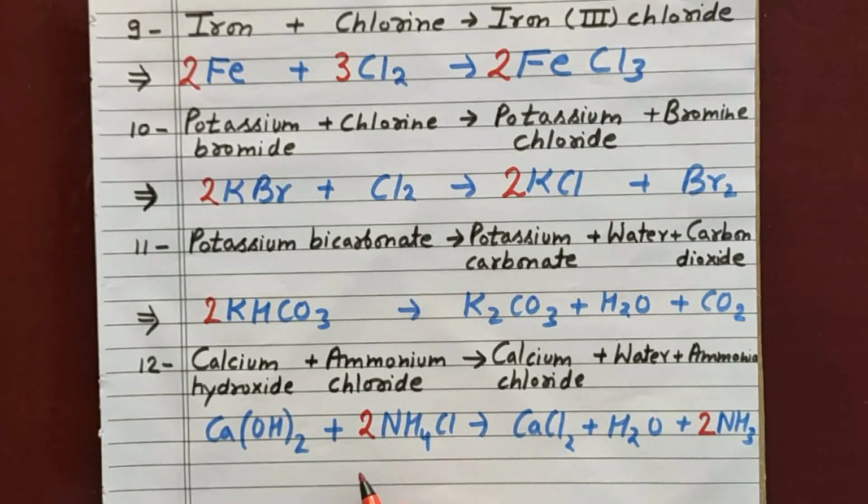But on your reactant side you are having how many hydrogen atoms? Here you are having 10 hydrogen atoms. For balancing that, here we are going to write down 2. Now 6 plus 4, 10 hydrogen atoms here on your product side as well as on your reactant side. Oxygen, 2 oxygen atoms here and 2 oxygen atoms here on the product side also. So this is the 12th balanced equation.